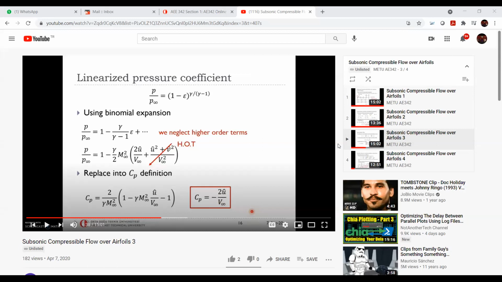We focused on subsonic incompressible flow last semester, and we introduced the potential function and obtained the governing equation, the potential equation for subsonic incompressible flow, which was Laplace's equation, if you remember.